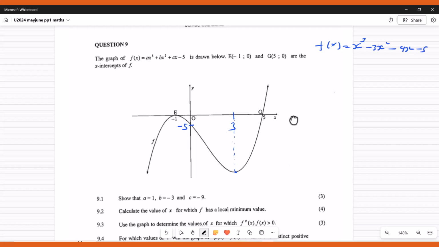Now our first derivative is given by 3x squared minus 6x, then minus 9. What about the second derivative, which we're looking for? This one is given by 6x minus 6.